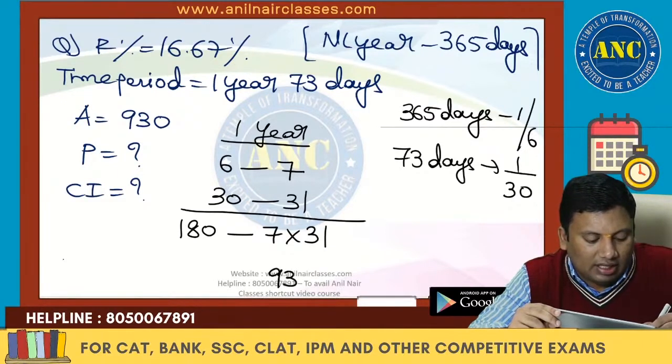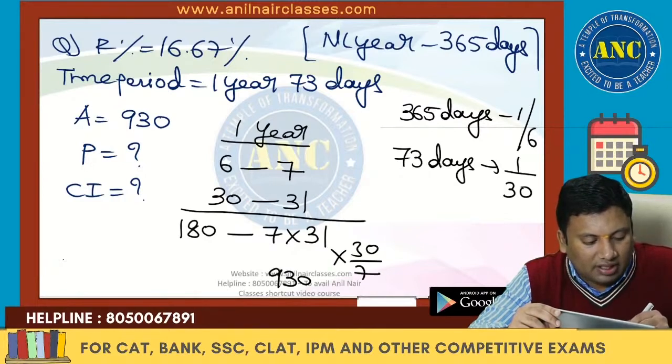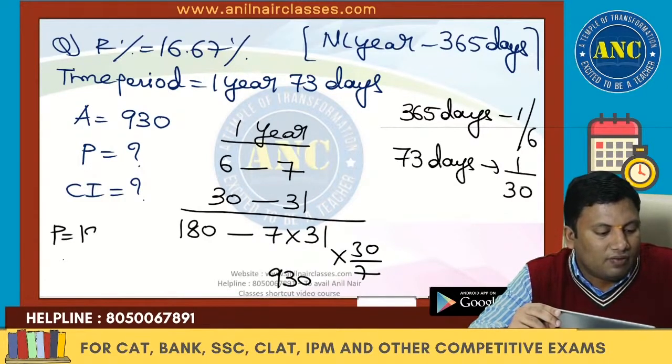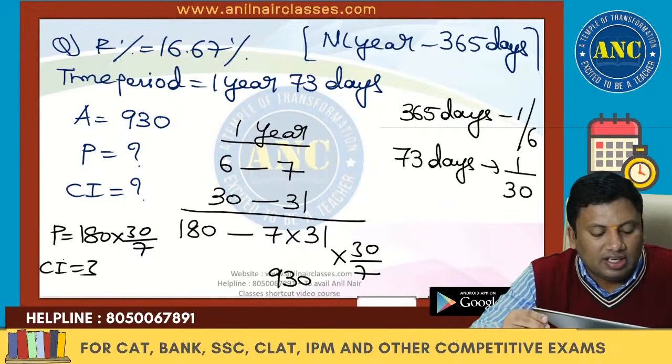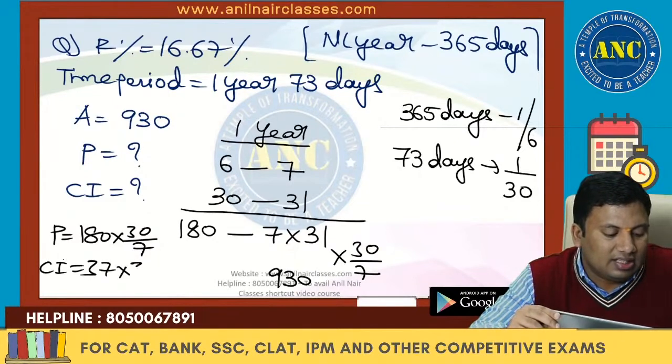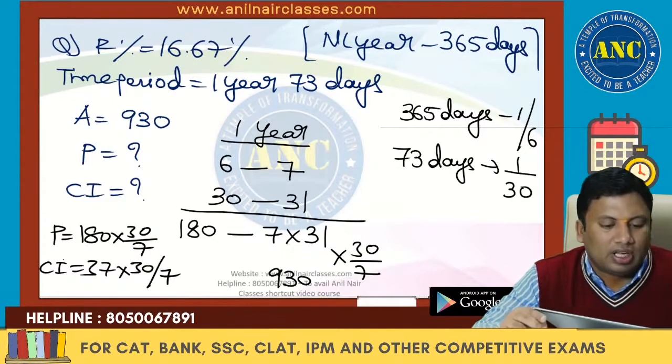This is 930, so it is into 30 by 7. The principal is 180 into 30 by 7. The compound interest is 217 minus 180, the extra, which is 37 into 30 by 7.